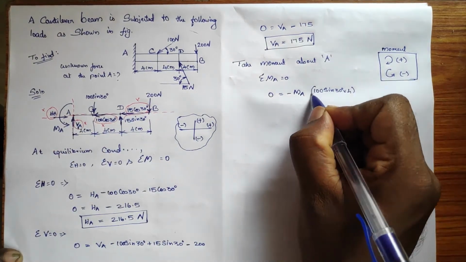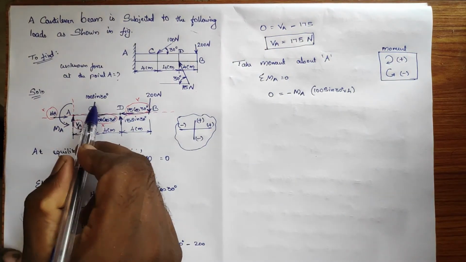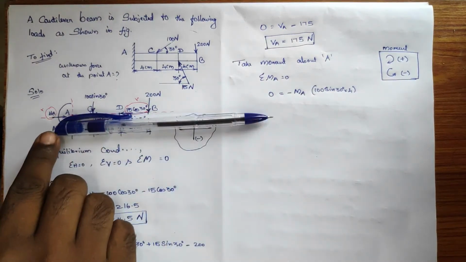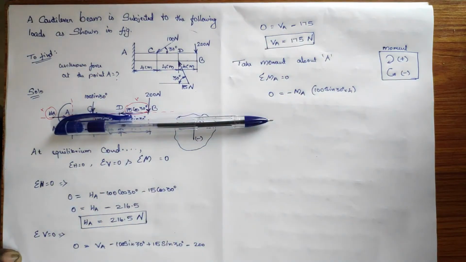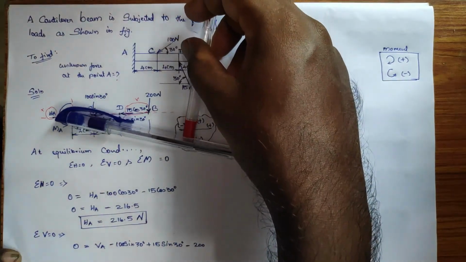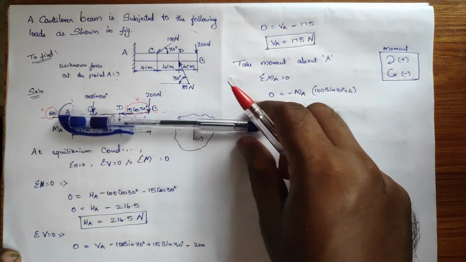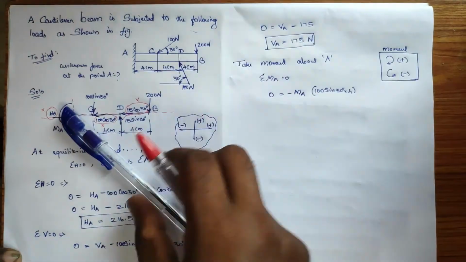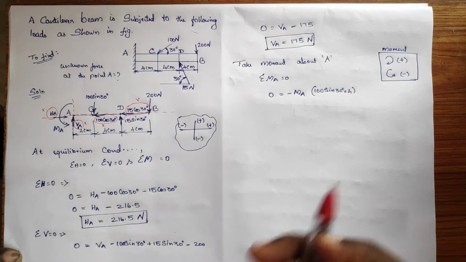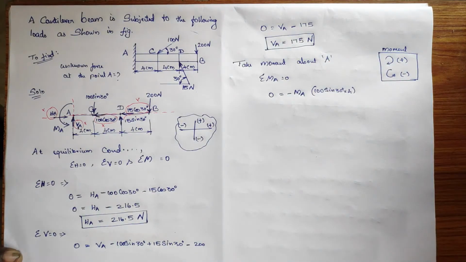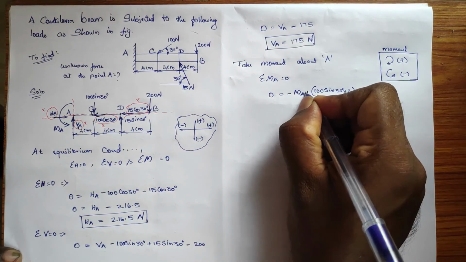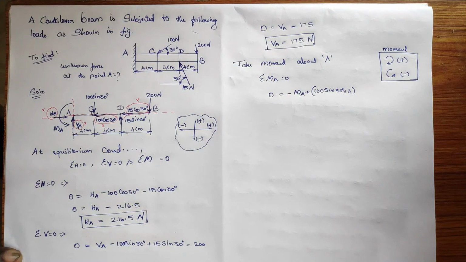So take 4. What about the sign? The force is acting from the upside, so the beam rotates in the clockwise direction. The sign carries a positive value since it is clockwise.